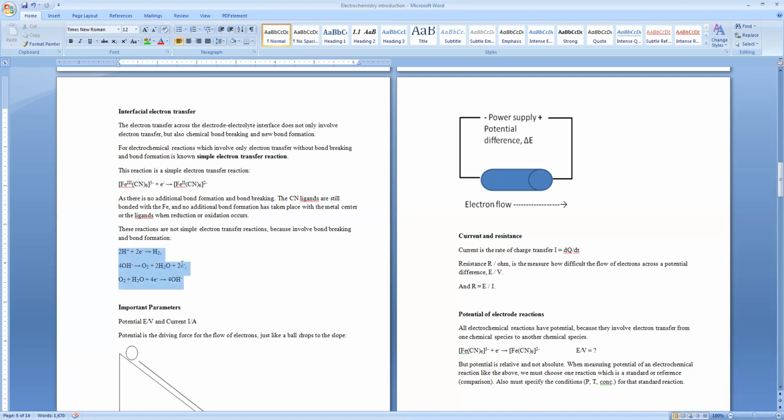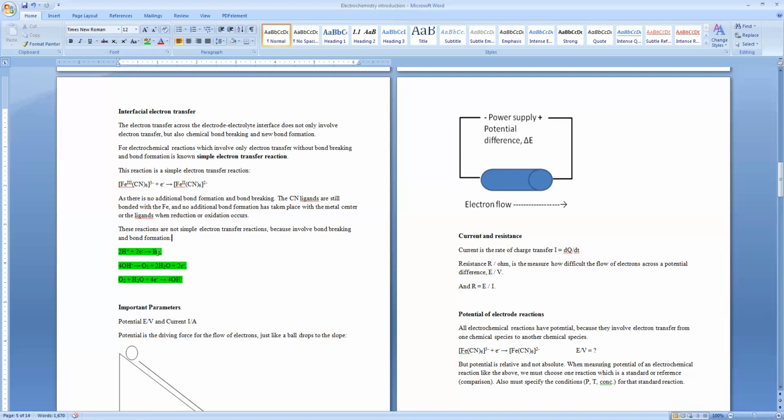All these reactions are not simple electron transfer processes because they involve bond breaking and bond formation. For example, 2 hydrogen ions plus 2 electrons become hydrogen gas. First of all it involves electron transfer. The electron comes from the electrode and is donated to the hydrogen ion, and this hydrogen ion becomes a hydrogen atom.